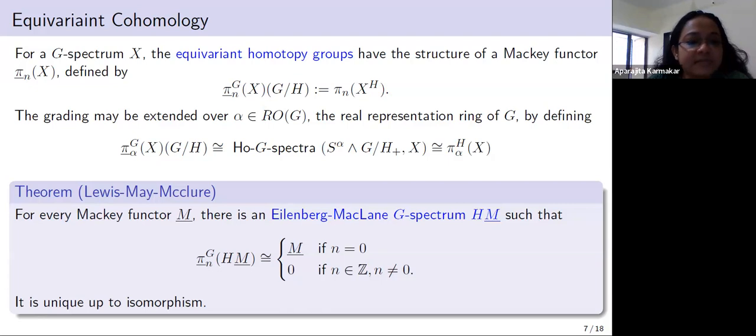So for every Mackey functor M, there is an Eilenberg-MacLane G spectrum HM such that its value at n equals 0 is M bar and 0 otherwise. And this G spectrum is unique up to isomorphism. This is an important theorem by Lewis, May, and McClure.